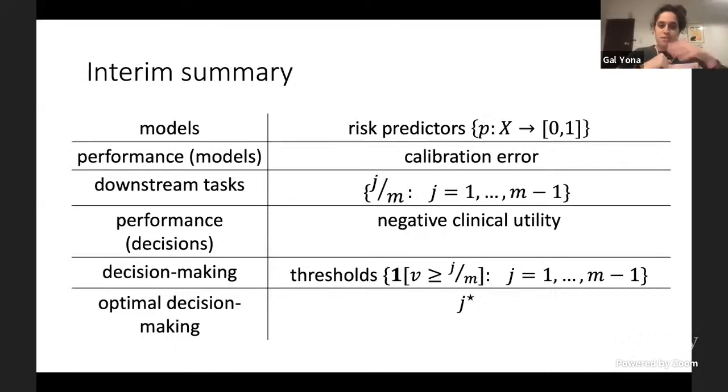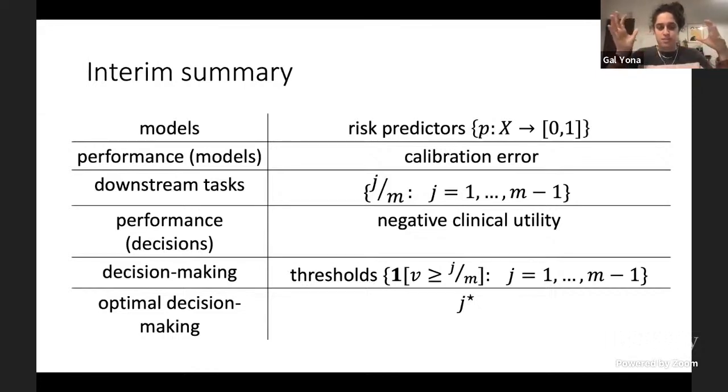In terms of evaluating performance of models, the loss I'm thinking about here is calibration error. The downstream tasks I have in mind are all the different thresholds from 1 over m to m minus 1 over m, where m is a parameter controlling the granularity of these different tasks.